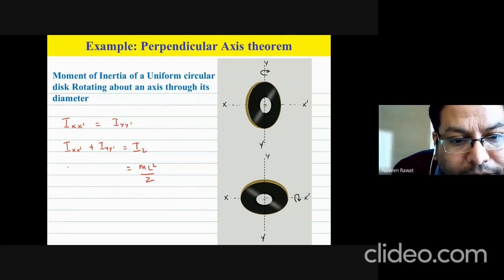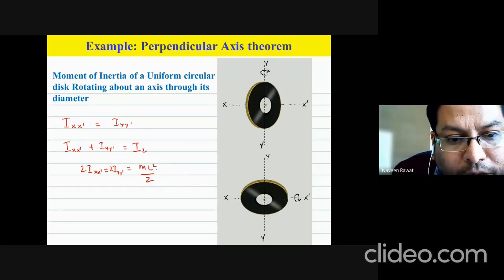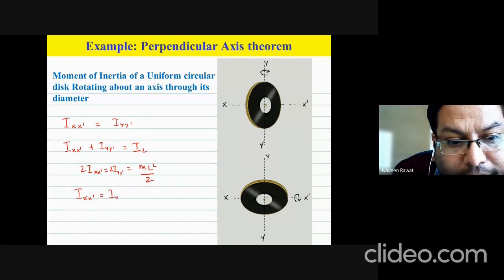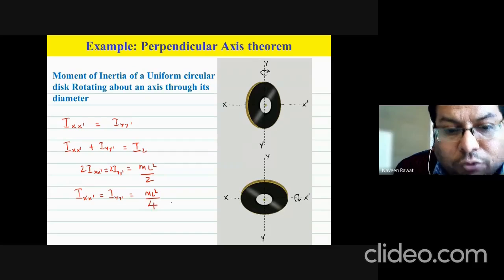So from here, we can quickly get the relationship that 2 of I x prime or 2 of I y prime, because these two terms are the same, will be equal to ml square by 2, and so we can write that I along the x prime or I along the y prime axis will be ml square by 4.